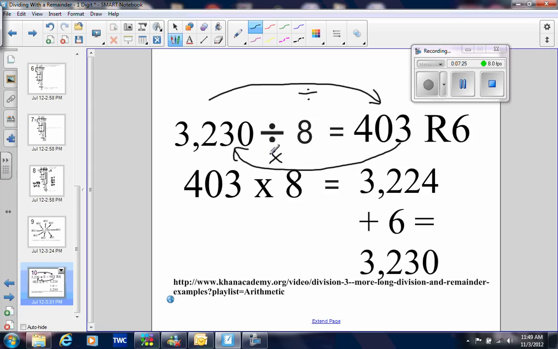Opposite being multiplying. So that's what you see here. 403 multiplied by 8 gives me 3,224. Take my remainder of 6 here, add that on, and I end up getting right back where I started again. Okay? Alright, so there is dividing by 1 digit and having a remainder.